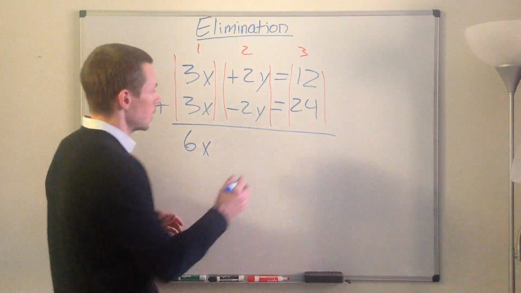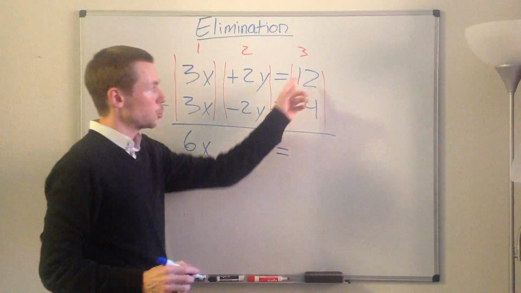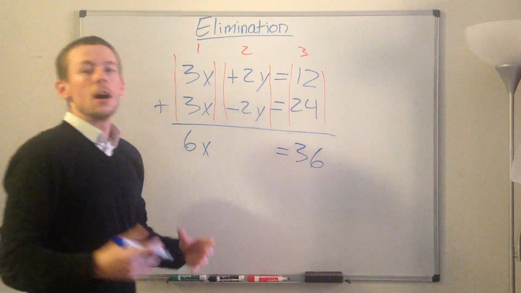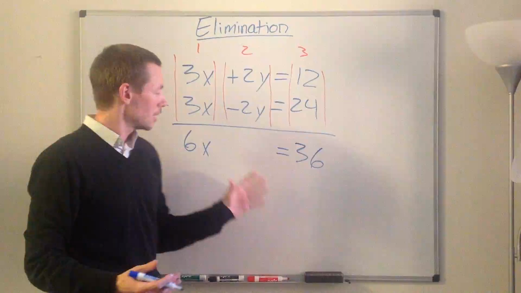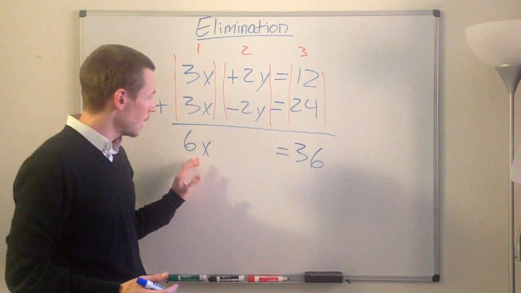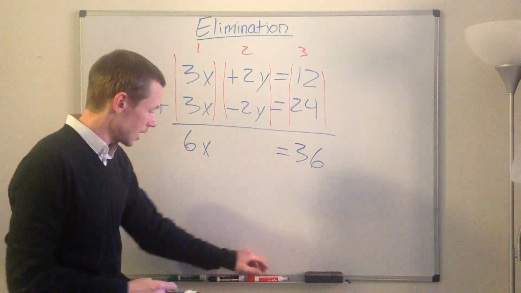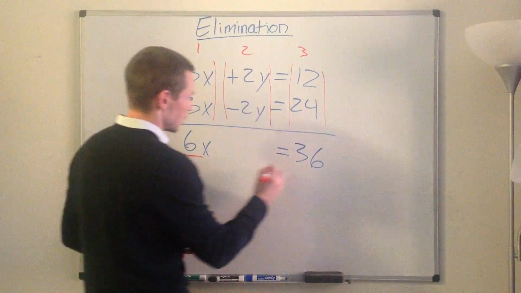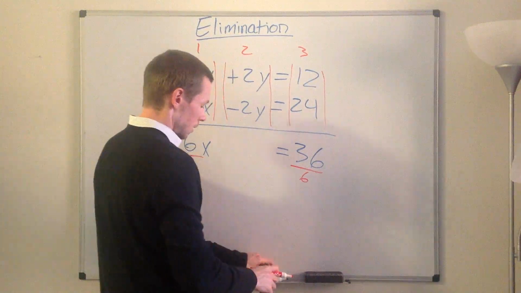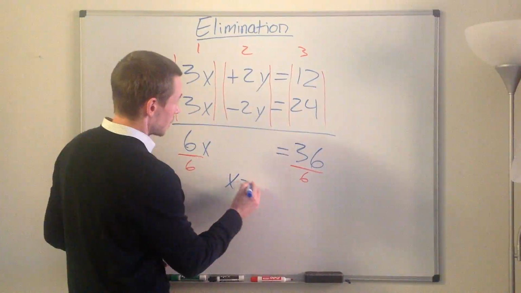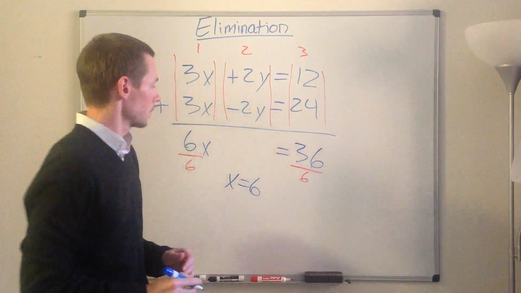So there's nothing there. And 12 plus 24 equals 36. Okay, so what that did for us is made this calculation and finding x much easier. Now what we have is 6x equals 36. So to solve for x, of course, we would divide both sides by 6, and x equals 6.